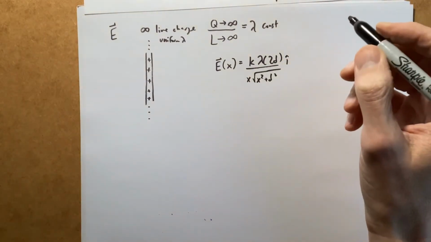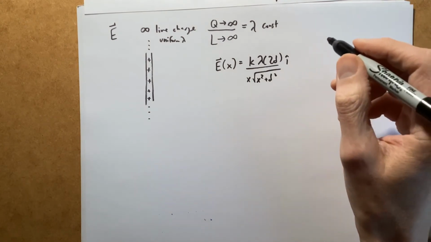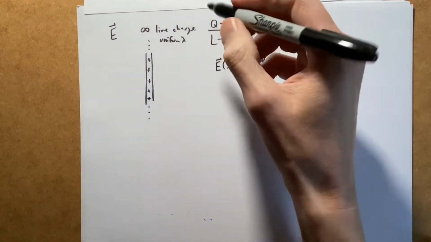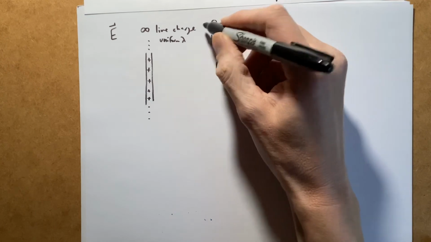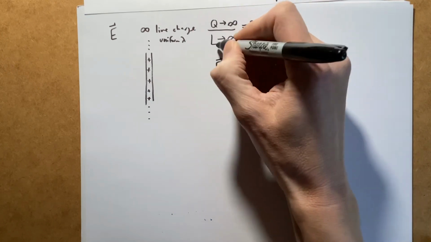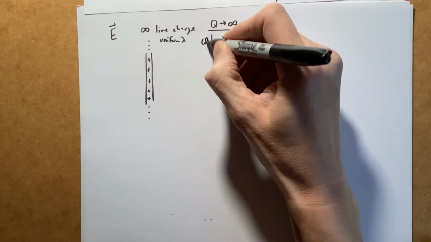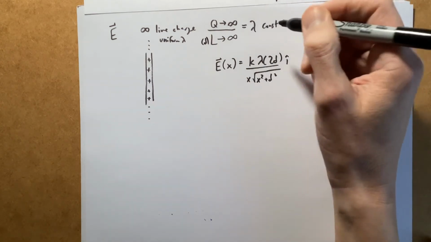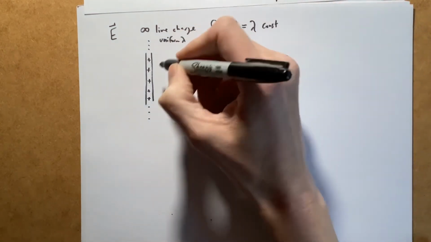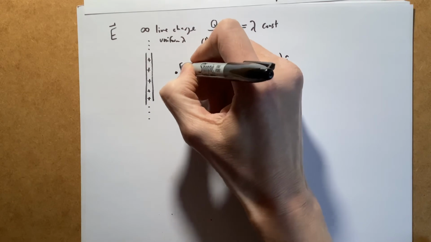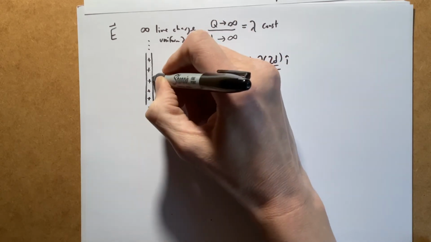Okay. Now let's see what happens to this. Oh, and I should mention that essentially this means that d goes to infinity as well. So if that's the case, let's say I'm looking right here. What's the electric field right here?